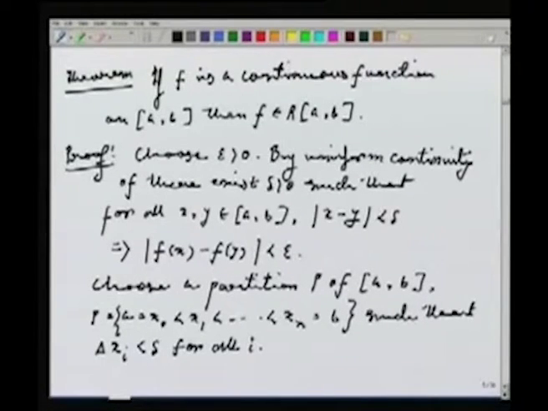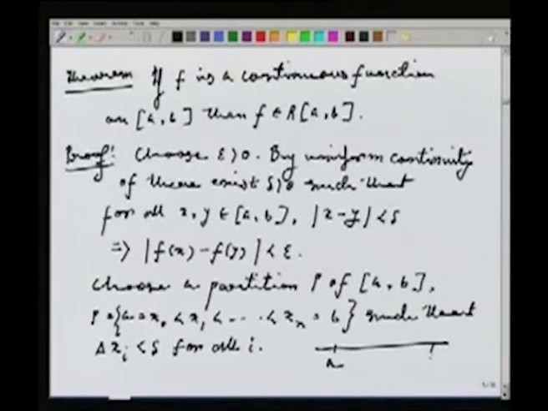That is, I am choosing a partition P of the interval [a, b] such that the distance between any two consecutive points in that partition is less than delta. That can be done. However small delta is, maybe I will be choosing a large number of points so that this happens. I can look at the picture. This is a, this is b. I can choose very closely spaced points, but there will be only finitely many, such that the distance between two consecutive points is less than delta.